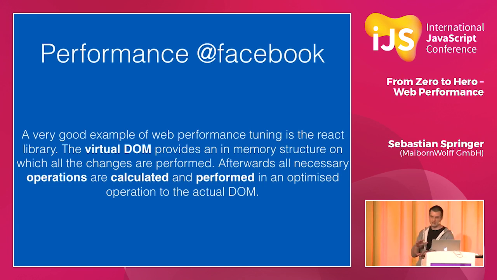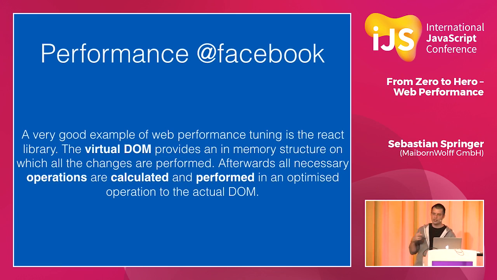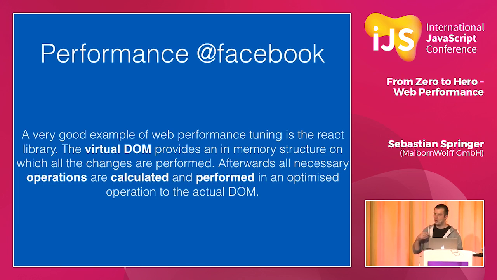Abstraction is not only the best thing to do, but in this case it is a good idea, because they calculate all the operations needed to transform the application state from A to B and optimize the change in a way that is performed in an optimal way. So the transition from state A to B is just optimized for you. And you don't have to deal with it, but only to describe the new state of your application, and your library handles the rest for you.